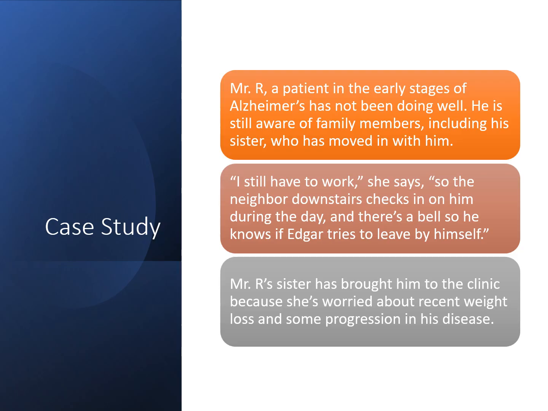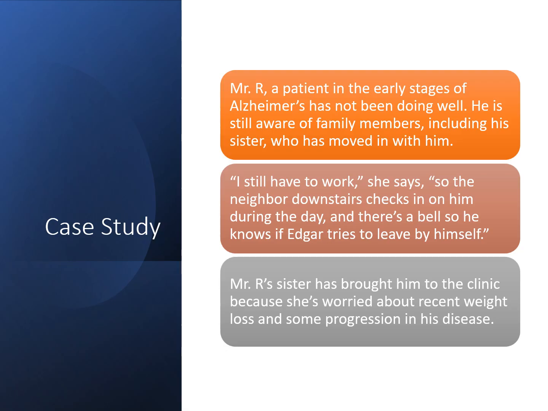Also, let's look at this case study. We've gone over it in class already. We have a client, Mr. R, in the early stages of Alzheimer's, who has not been doing well. He is still aware of his family members, including his sister, who has moved in with him.